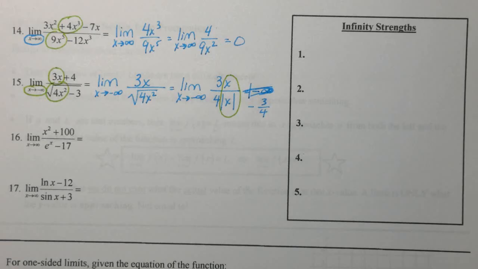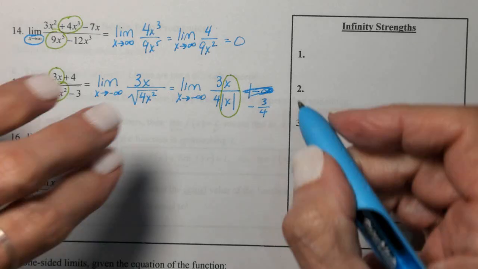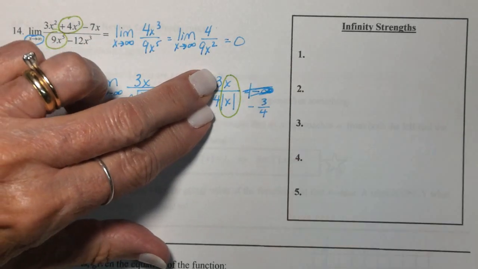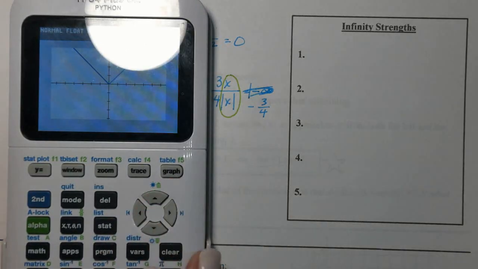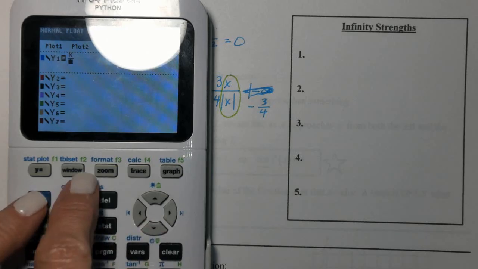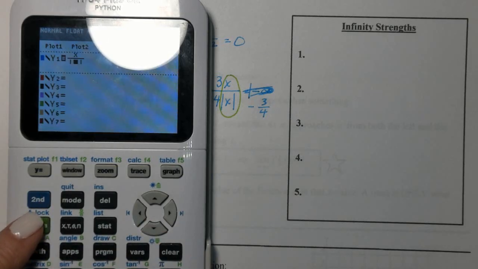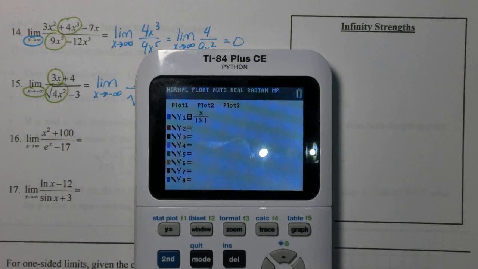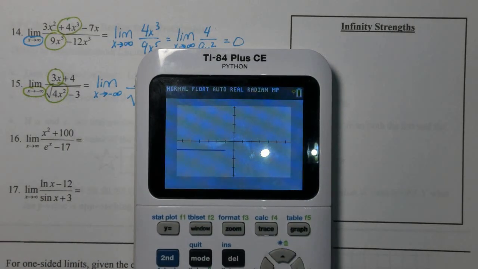So, x over the absolute value of x. What does the graph of that look like? X on top, absolute value of x on the bottom. That's what it looks like.